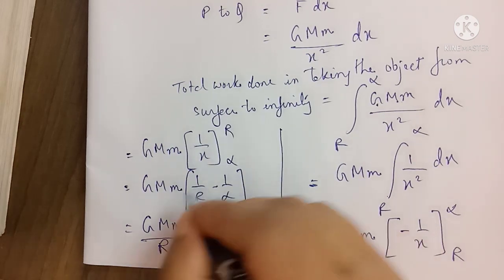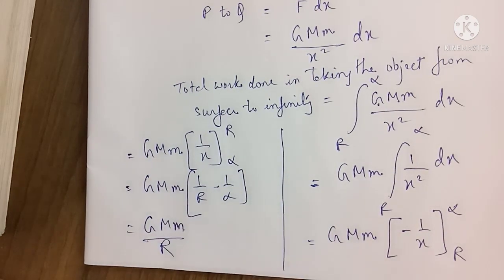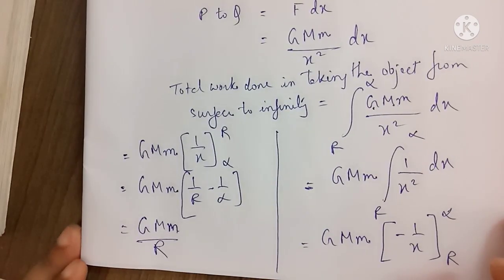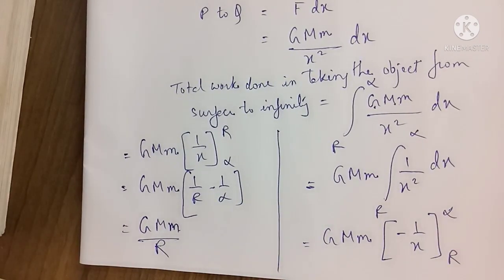Now this work will be provided by us, who will provide the kinetic energy to the object at the surface of the planet. So we have to equate the kinetic energy provided at the surface of the planet with this work done, because the kinetic energy will only do work to take the body from the surface to the infinity.